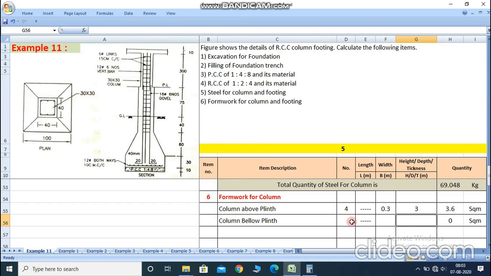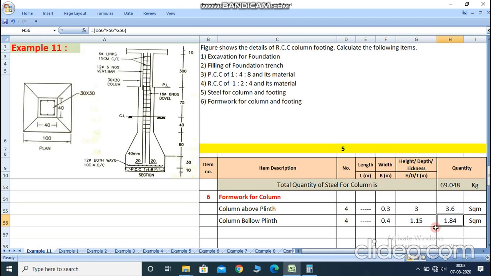multiplied by 0.4. This type of 4 wooden planks is required. Dimension is width 0.4 because below plinth level size of the column is 40 cm by 40 cm, and here we write 0.4, and height is 115, so we write here 1.15, so total 1.84 square meter.